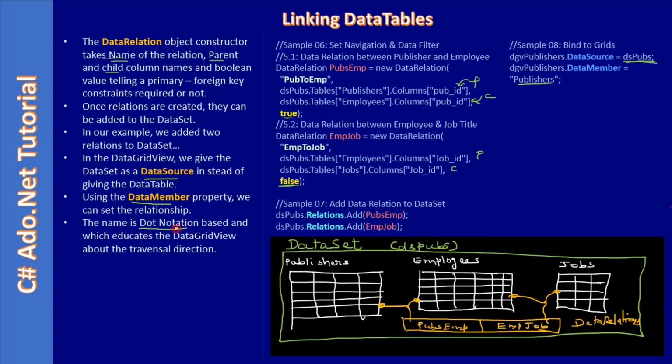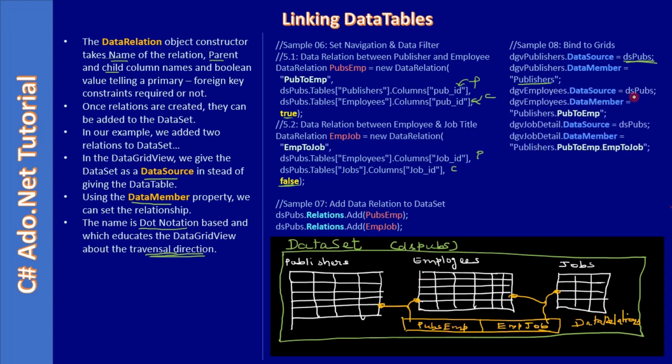So the name is dot notation based, and it educates the data grid view about the traversal direction. If you intend to give the data relation object, say for example, here we have data source DSPubs.